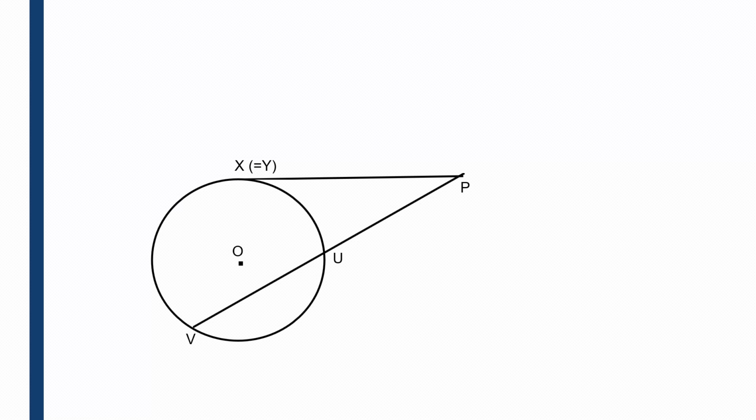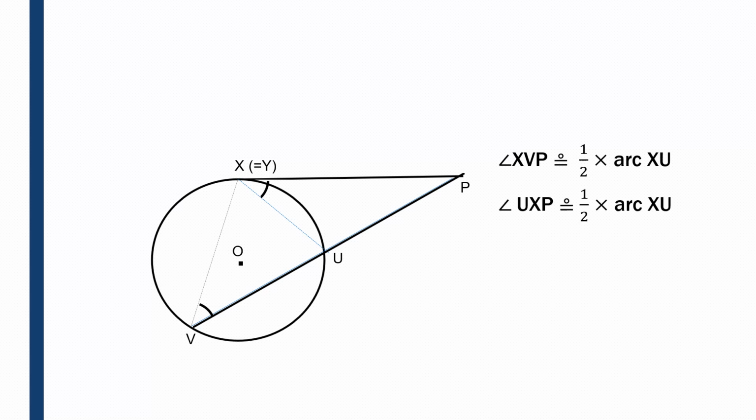Then angle XVP is an inscribed angle. Therefore, angle XVP is half of arc XU. Angle UXP is formed by a tangent and secant and is half of arc XU.